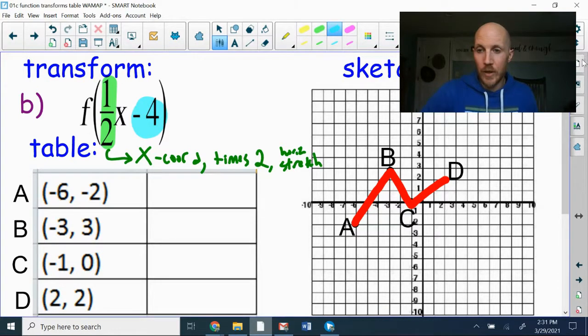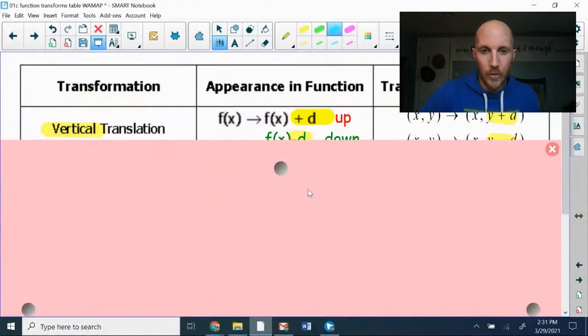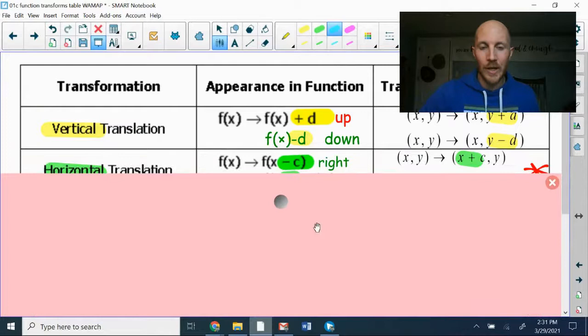Inside the parentheses again, and on our notes page, we probably want to start from the top. Right there it is. In the center column, inside the parentheses, x minus some number is going to give us a horizontal translation where we slide the graph towards the right. And on the coordinates, this again affects the x coordinate. I'm going to do the opposite operation.